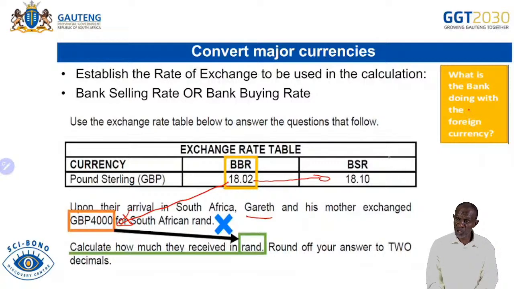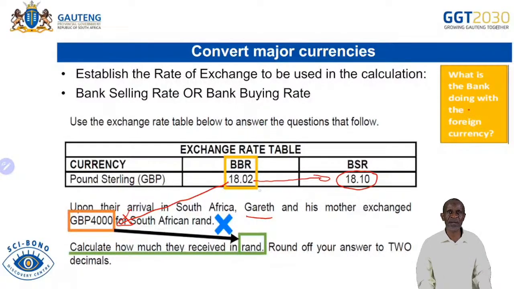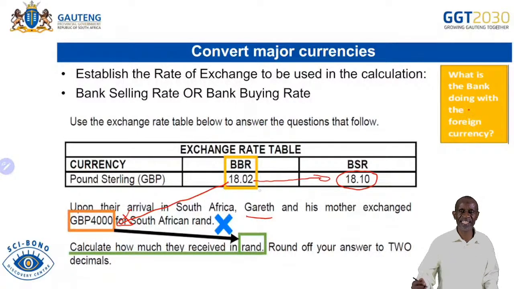But if they were to sell this foreign currency to Gareth and his mother, the rate changes. They move from the bank buying rate, and now they will apply the bank selling rate, which is higher than the bank buying rate. So they buy at a cheaper price and they sell at an expensive rate.